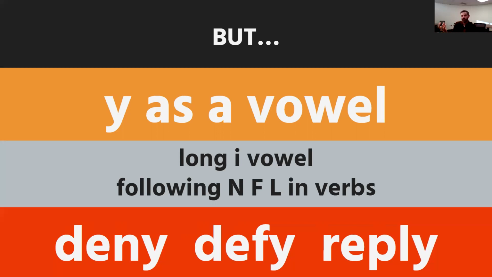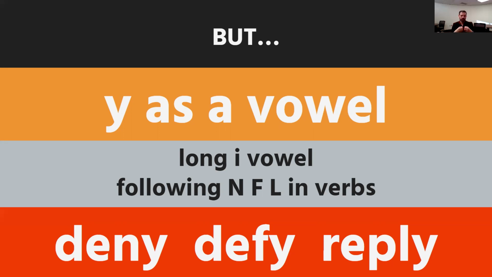That syllable is receiving quite a bit of stress in the English syllable stress patterns. And when that happens, Y does not change to the long E, it keeps the long I sound. So deny, defy, reply. Even in larger words, if we see NY, FY, LY in verbs, almost always the Y will keep that long I sound.